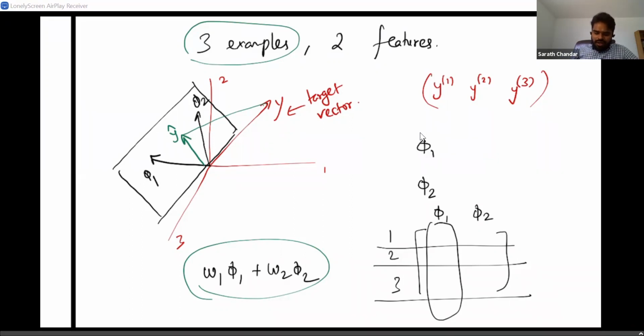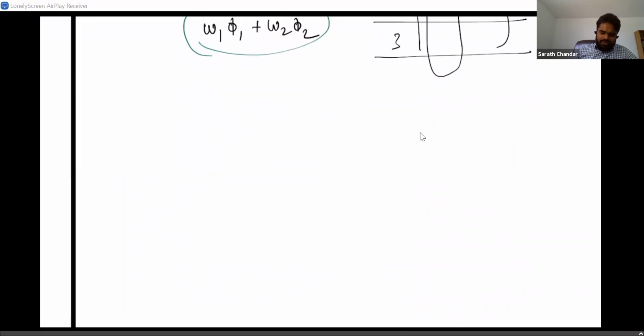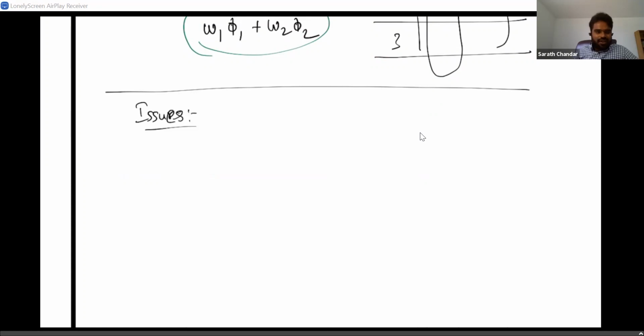Before we conclude, there are a couple of issues with the linear regression model that we have discussed so far. I'm sure some of you raised these issues in previous lectures, and I told you I would cover them later.